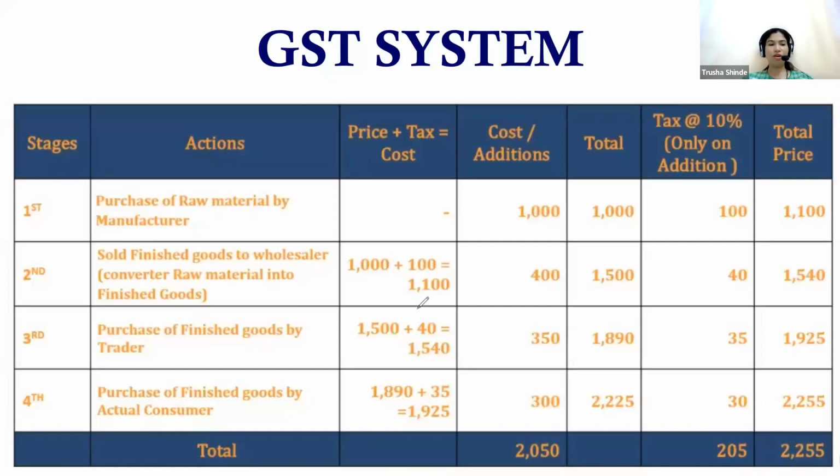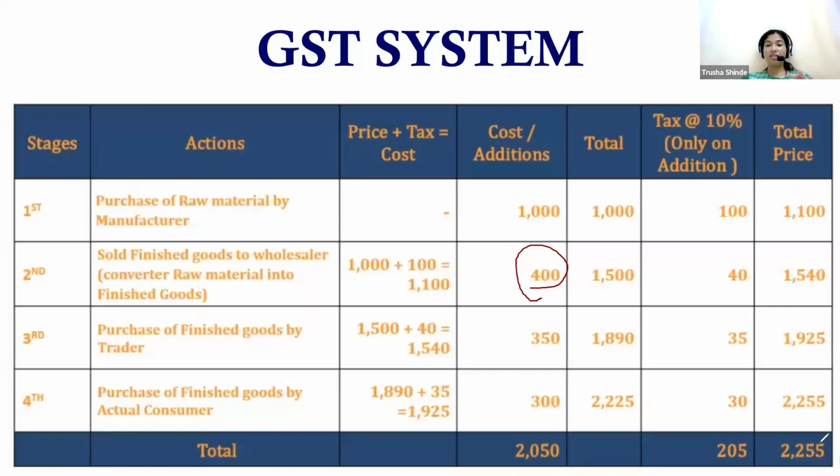I hope I need not repeat this, I guess. When I was explaining the destination, the value addition part, I explained how this particular GST system works. It works on the additions which have been done to it, or you can say you're getting the ITC part, that is the purchase benefits of it.